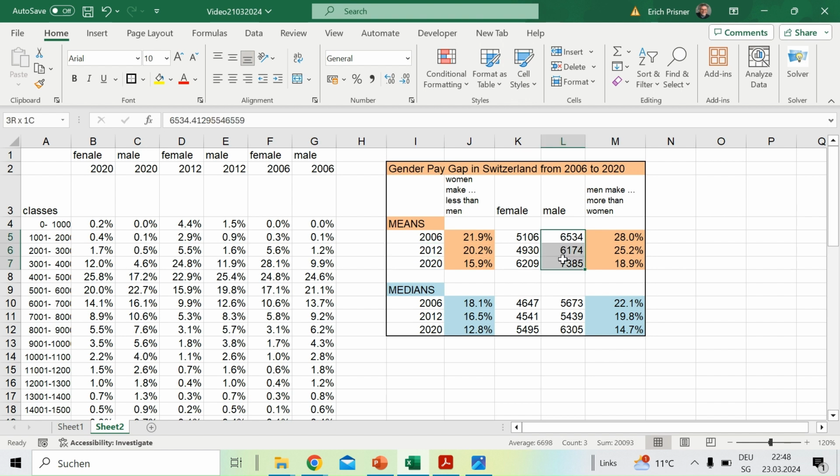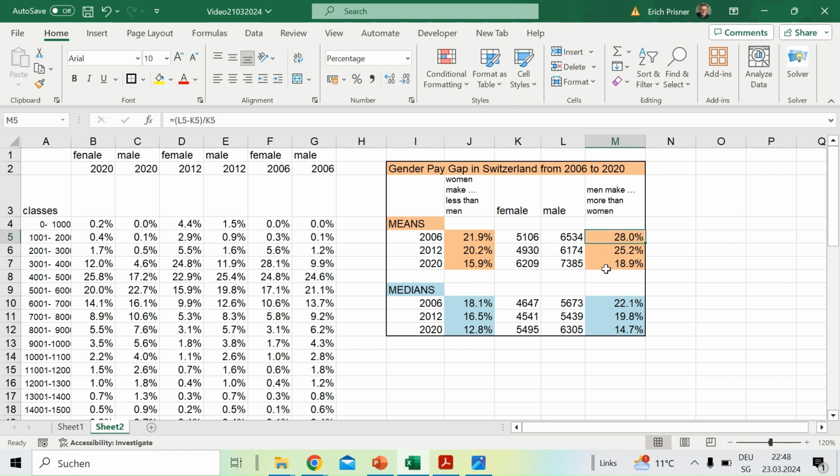And these are the corresponding means for the males. And these numbers in red here are the percentage which women make less than male. So it was 21.9%, decreased a little to 20.2% in 2012, and 2020 it was 15.9%.